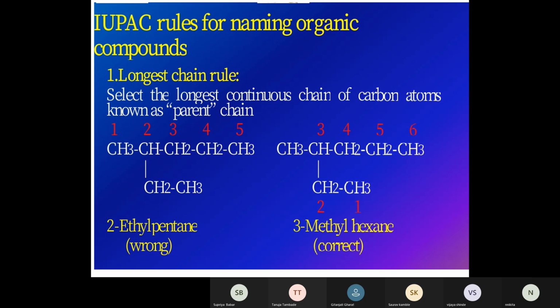So like this, we have to select the longest continuous chain. In the second, they have selected 6 carbons. The third carbon, to which the methyl group is attached, will be the substituent. Whatever substituent is present will be the prefix.